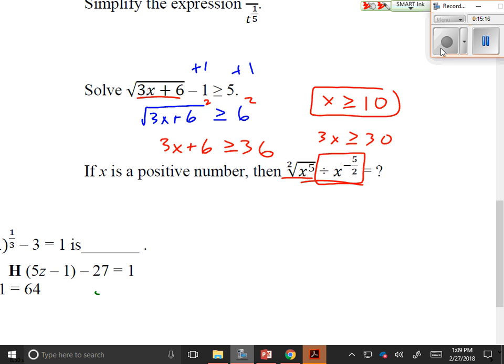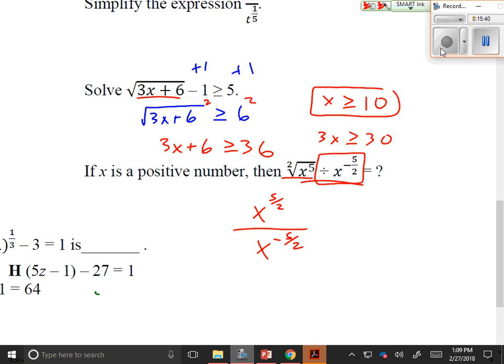This is x to the 5 halves divided by x to the negative 5 halves. So the rule says to subtract if you're dividing, but if I subtract a negative, what do I really do? Turns into addition.